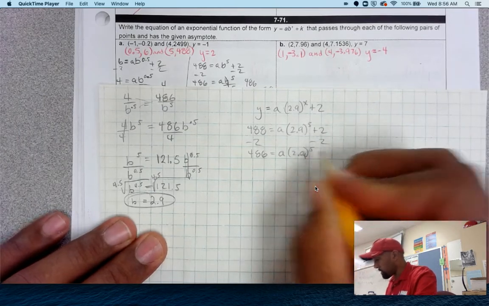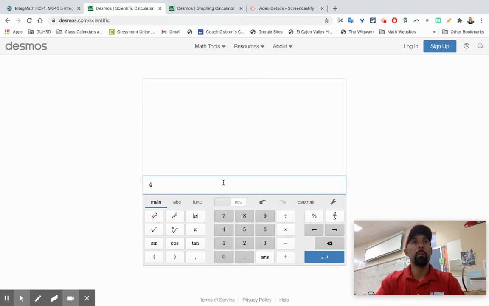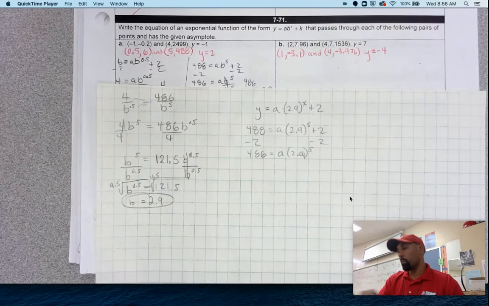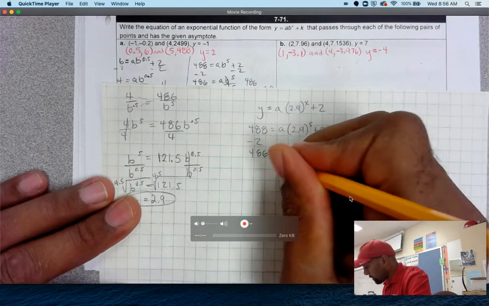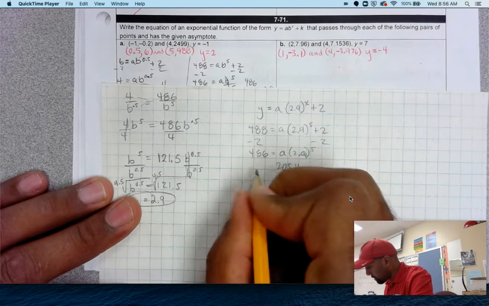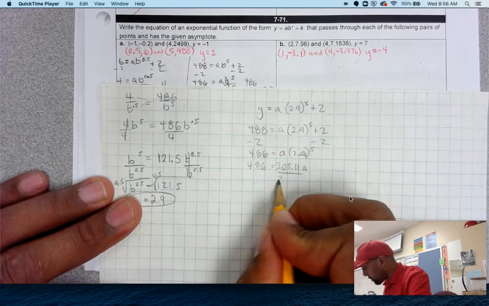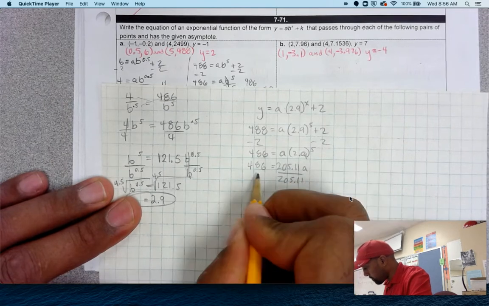So let's go ahead and raise that to the power of 5. 2.9 raised to the power of 5 is 205.11. We'll go 2 decimal places there. So 205.11 times a. And then the last step to isolate a here is to divide both sides by this 205.